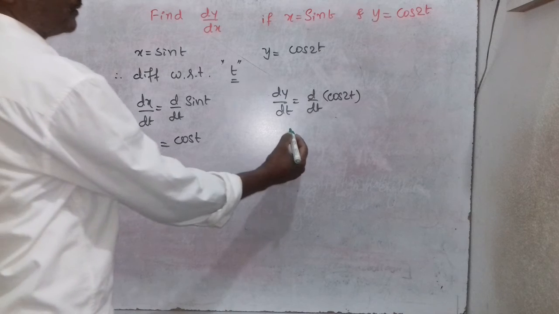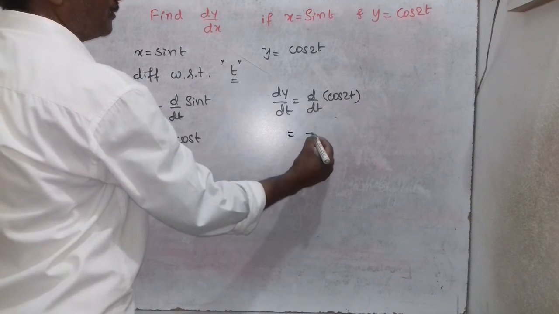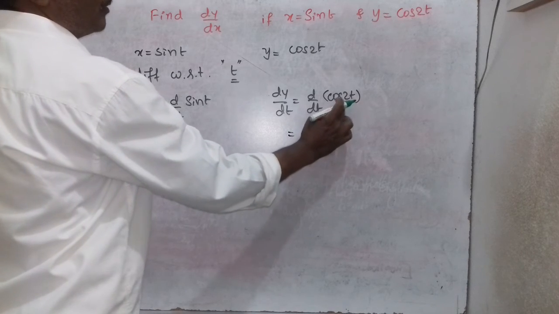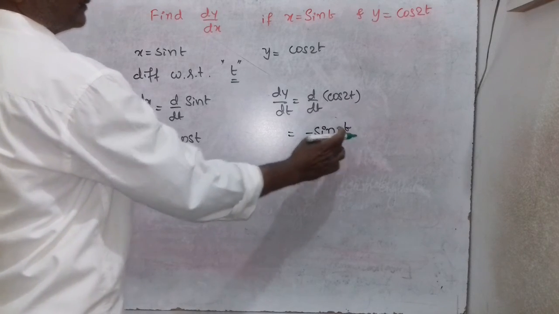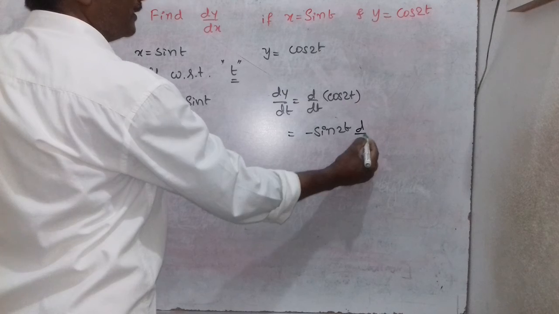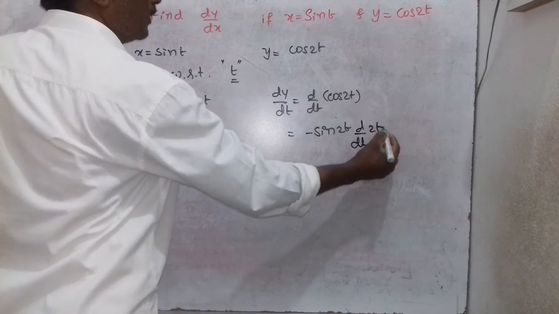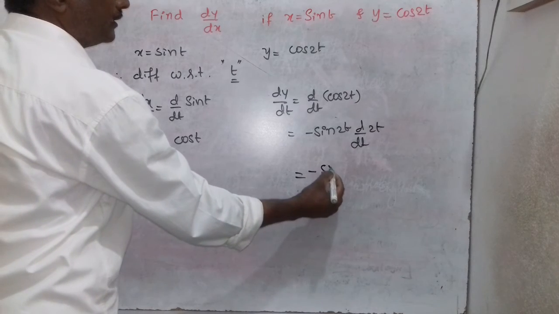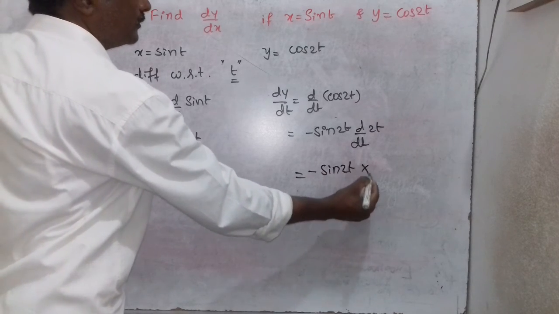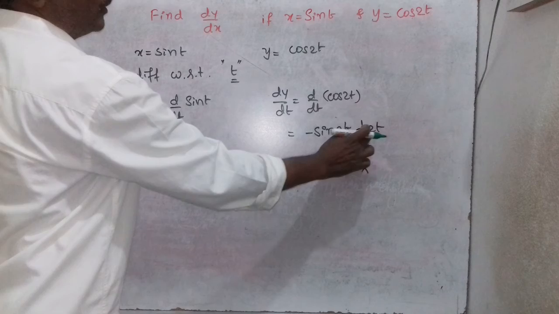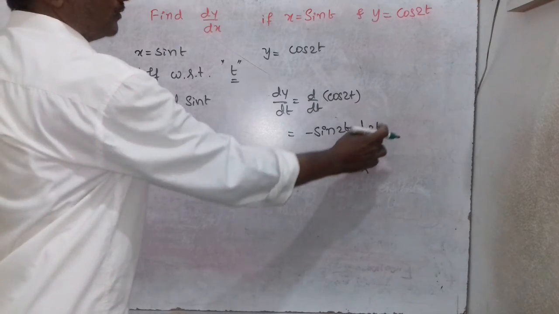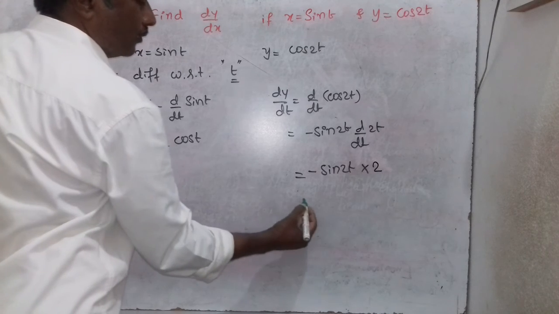The derivative of cos f(x) is minus sin f(x) times f prime of x. So the derivative is minus sin 2t into the derivative of 2t, which is 2.